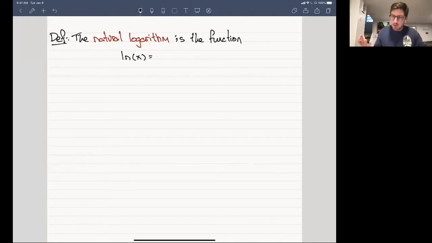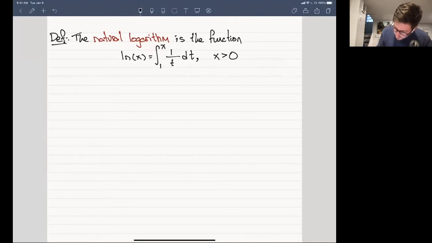If not, this is the notation we use for this function. Okay, so this thing is going to be the definite integral from 1 to x of the function 1 over t. In this case, we're using x as one of the bounds. So for the function, we use a dummy variable, in this case, t, to describe it.